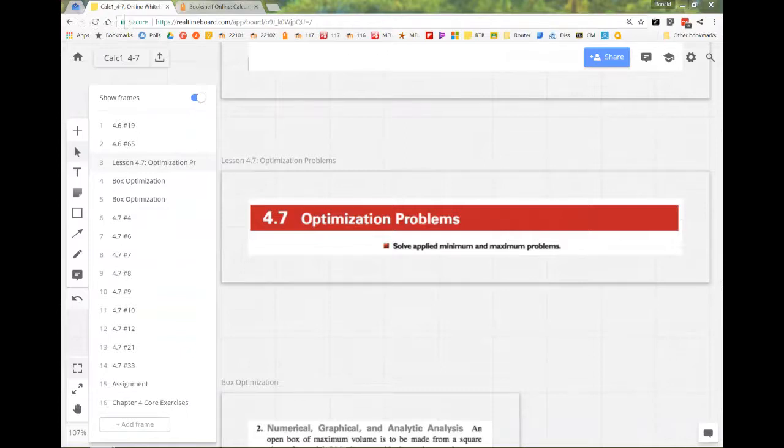Today's lesson is, as you can see, 4.7 optimization problems. And the last group of problems are what? Maybe a half hour, 20 minutes to a half hour each. So while I can't maybe go through a whole problem, are there any problems that came up?